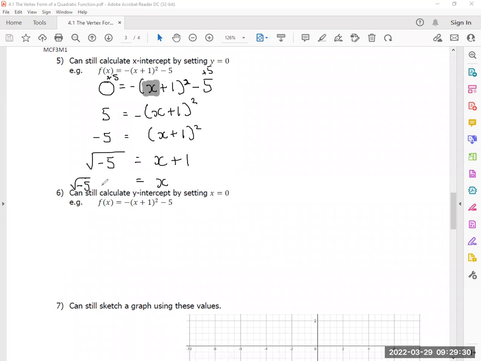But some of you might have seen something. Some of you might have said, oh, you don't even need to do that, Mr. Kim. You have to stop. Something's wrong. Do you see something wrong with this line? If there was nothing wrong with this line, then yes, you're supposed to subtract 1 and you get x equals the square root of something minus 1.